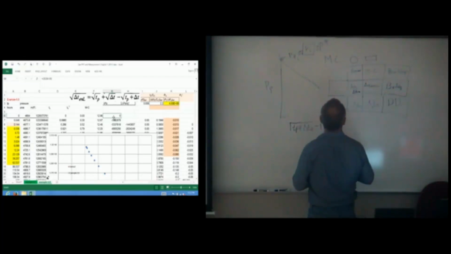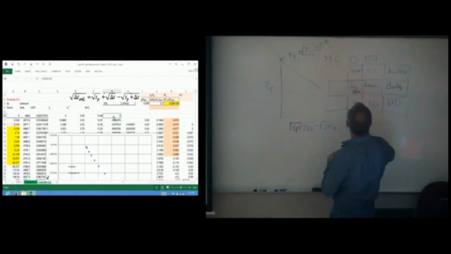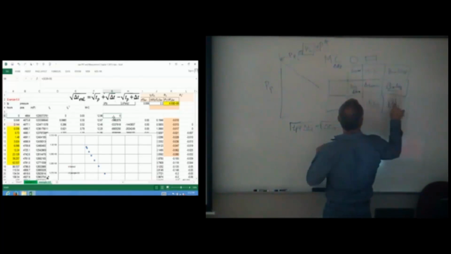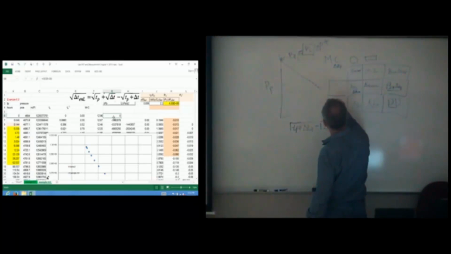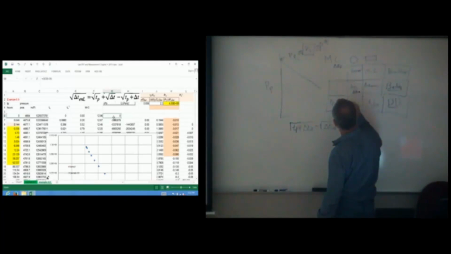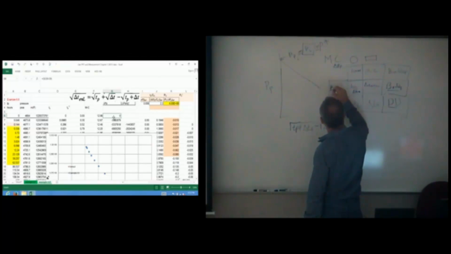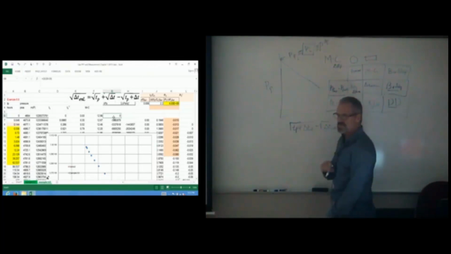Okay. I want to fill in these two things with buildup and drawdown. Delta pseudopressure in a drawdown is pseudopressure I minus pseudopressure of the well flowing. And on a buildup, it's pseudopressure of the well shut in minus pseudopressure of the well flowing.